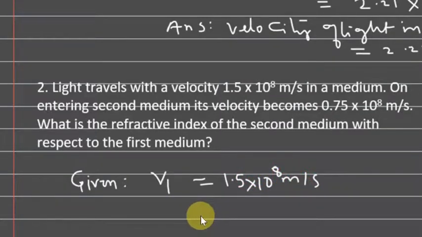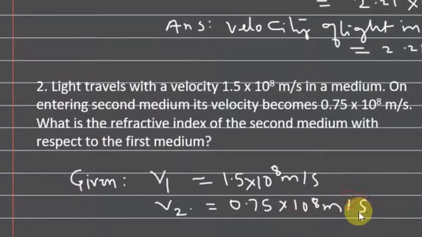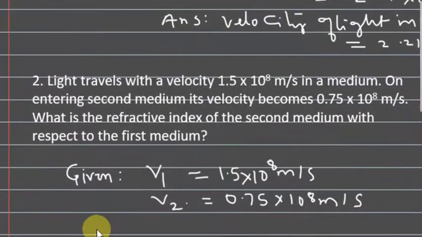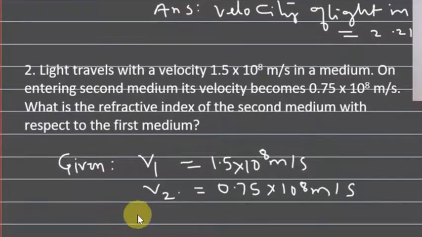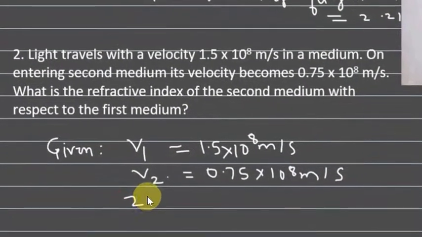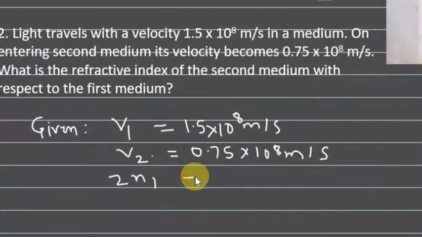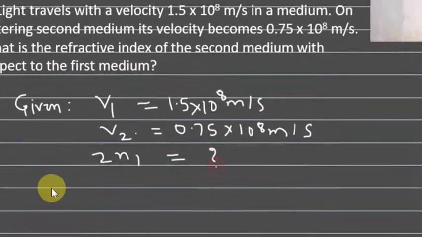On entering the second medium, its velocity becomes 0.75 into 10 raised to power 8 meter per second. What is the refractive index of second medium? So for 2 and 1, how much is it?